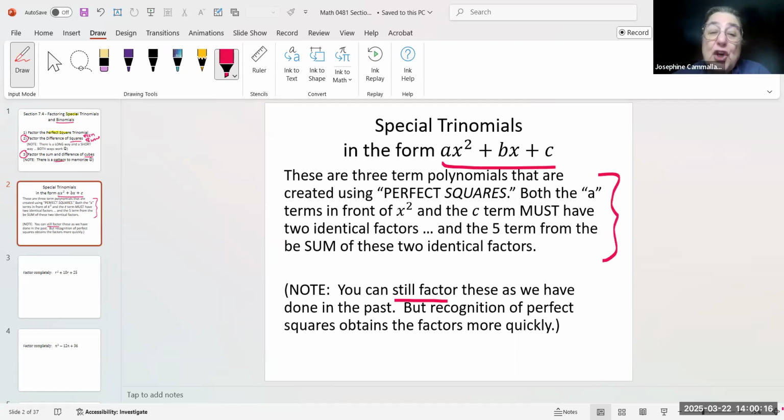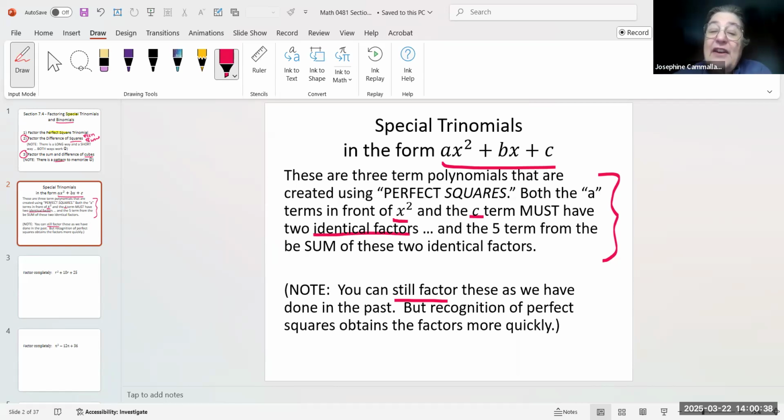Both the a term in front of x squared, and sometimes it's a number, it can be 1, it can be 4, it can be 9, it can be 16, and the c term must have 2 identical factors.